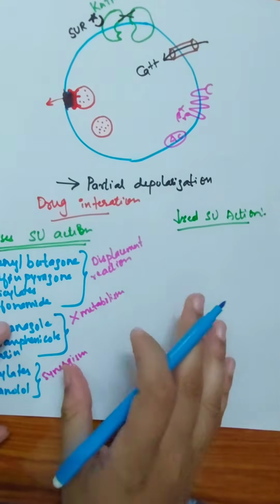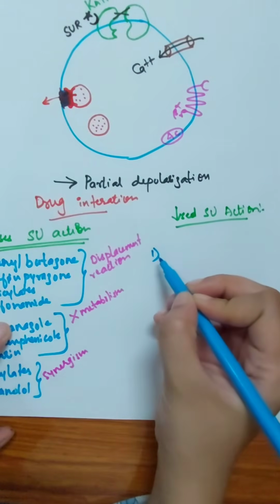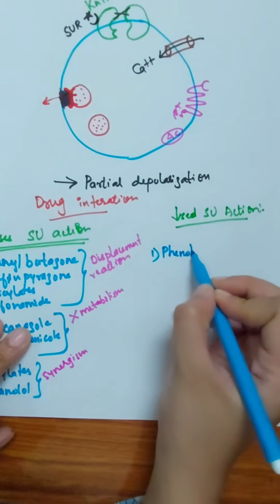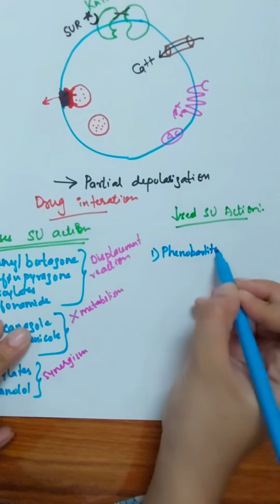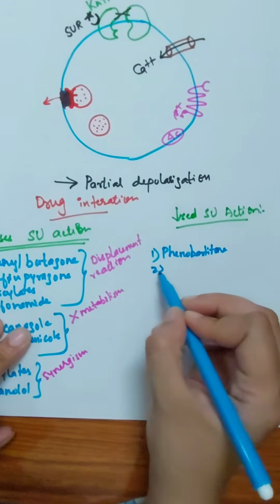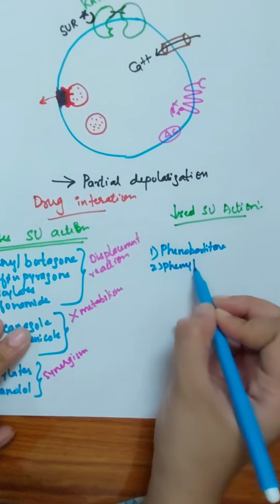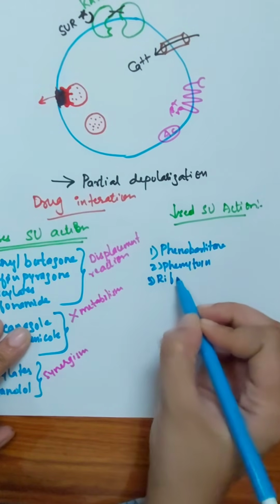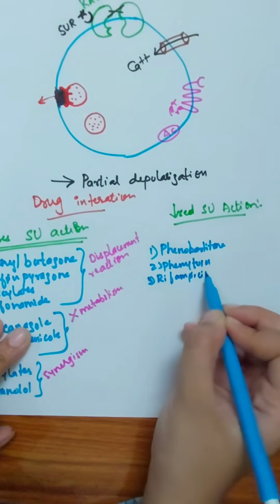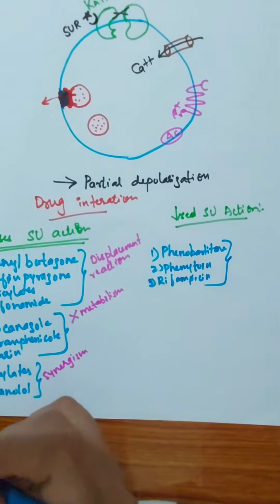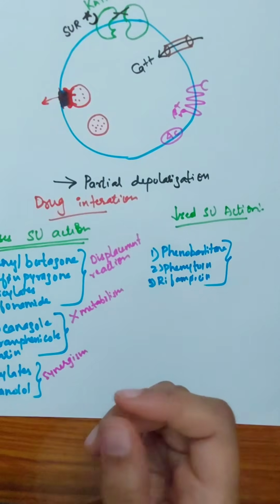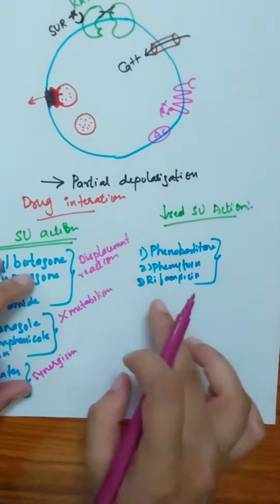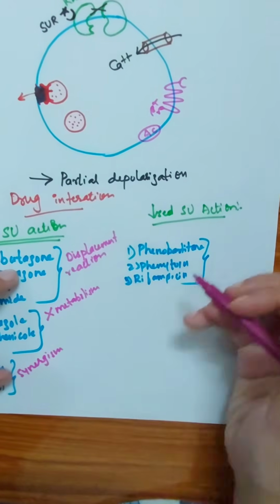So when sulfonylurea is taken along with drugs such as phenobarbital, phenytoin, even rifampicin, all these drugs, when consumed along with sulfonylurea, induce the metabolism, especially rifampicin, which, as you people know, is a cytochrome P450 inducer.